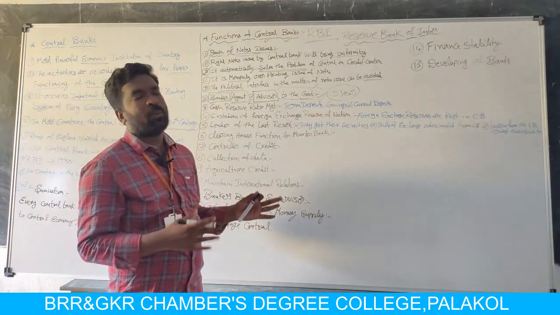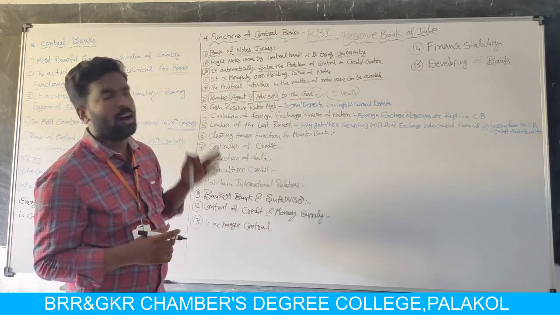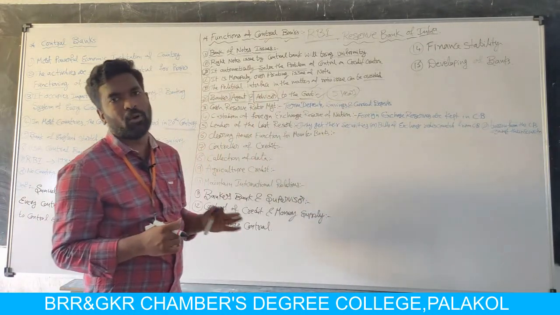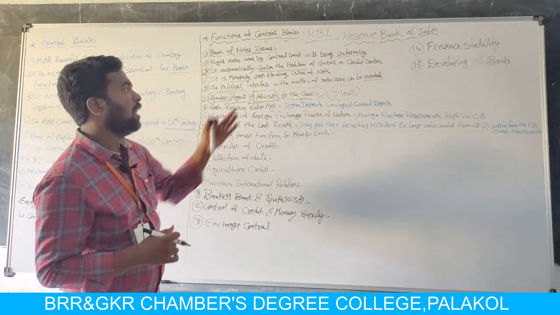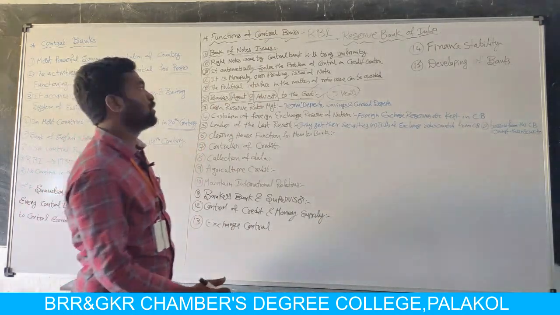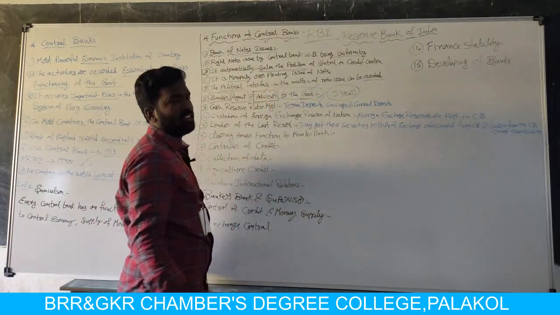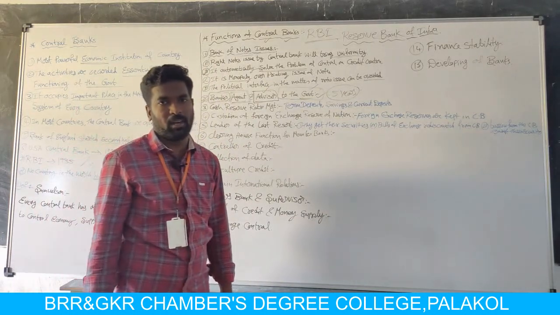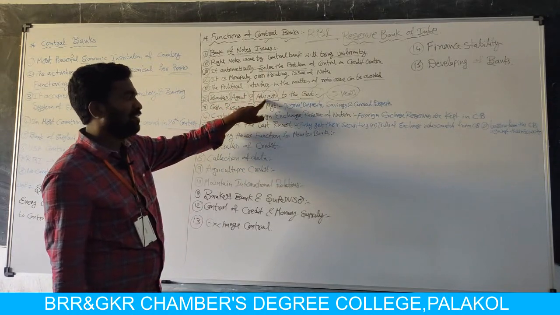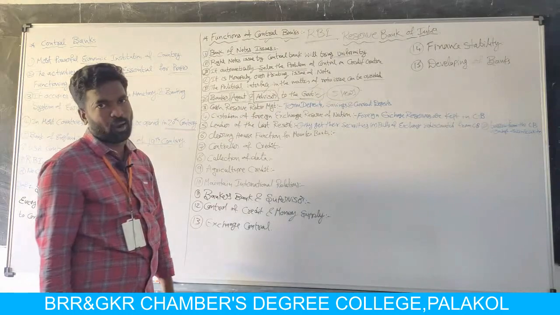Some governments know how to monitor the cash and the people, but new governments don't know how to maintain cash reserves and the creation of credit. At that time the Reserve Bank of India acts as an advisor to the government. Is it clear? So banker, agent, advisor to the government. This is the second point.